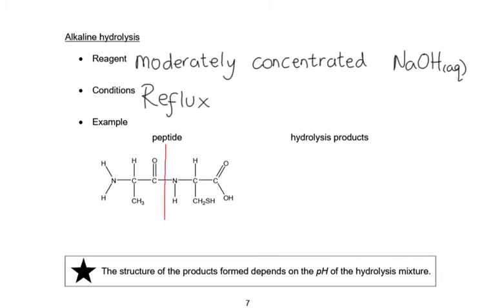So we're going to break our peptide bond. We're going to copy out our 2 residues. So remember that we had a hydrogen, it's a bit high up that. We had a nitrogen with 2 hydrogens on the left, and a C with a H, and a CH3, and then a C with a double bond O. So at the moment I'm just copying where I've broken it.